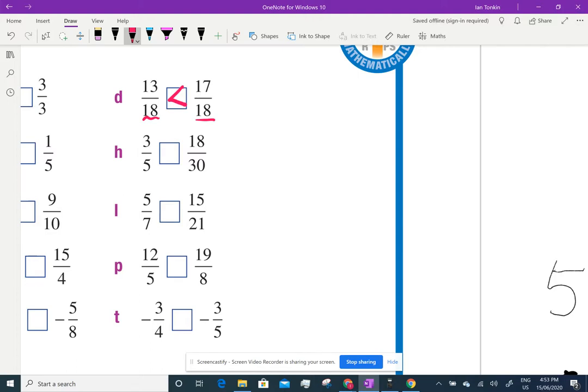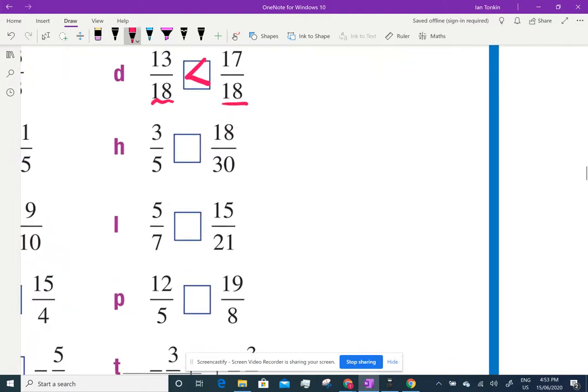Now, to compare these two fractions in H, I've got to get a common denominator. So what I'm going to do, and it doesn't have to be the lower one, I'm just going to change that fraction.